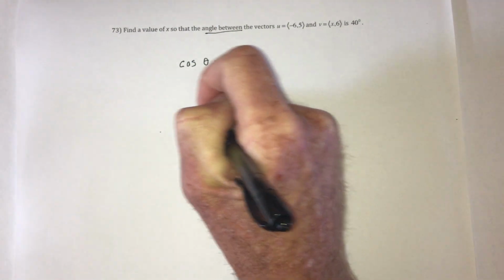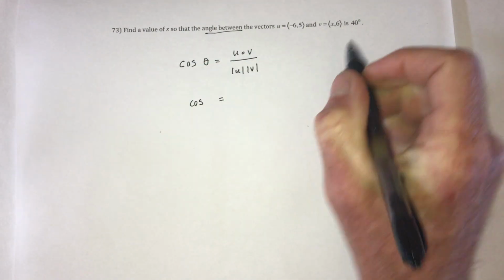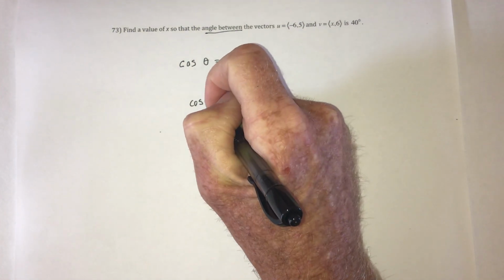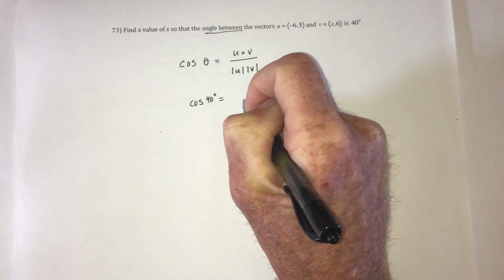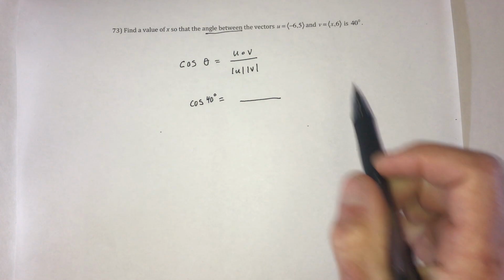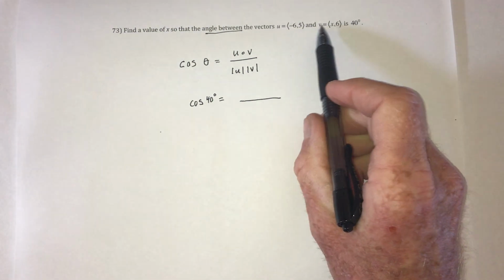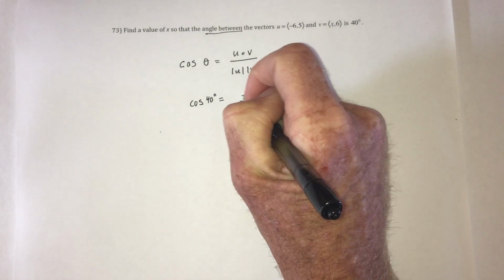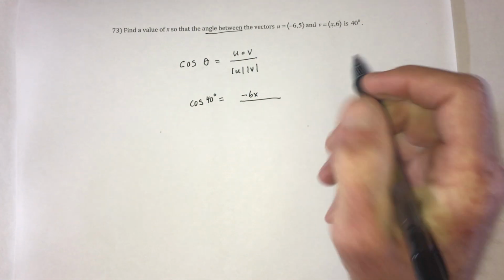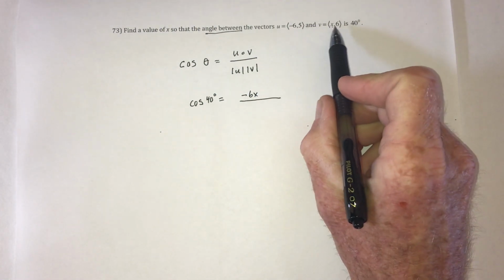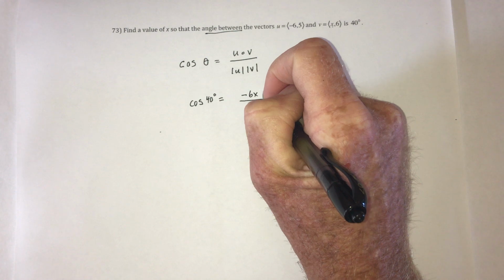So in this case, it's going to say cosine, and then the angle is already given, 40 degrees. And then for the dot product, multiply the x with the x, so that's going to be negative 6x. Multiply the y with the y, that's going to be plus 30.